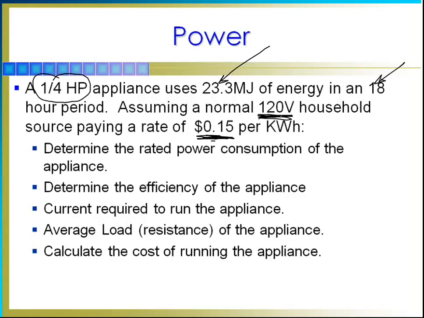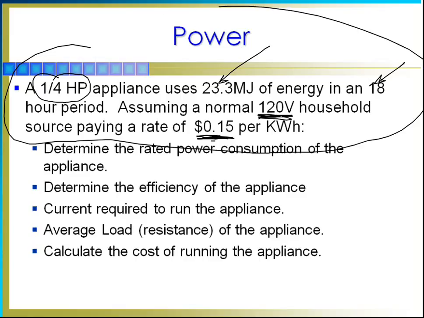From this information we have here, we can determine the rated power consumption of the appliance. Now, you've seen power consumption ratings on most of your appliances. If you look, a light bulb is 100 watts.